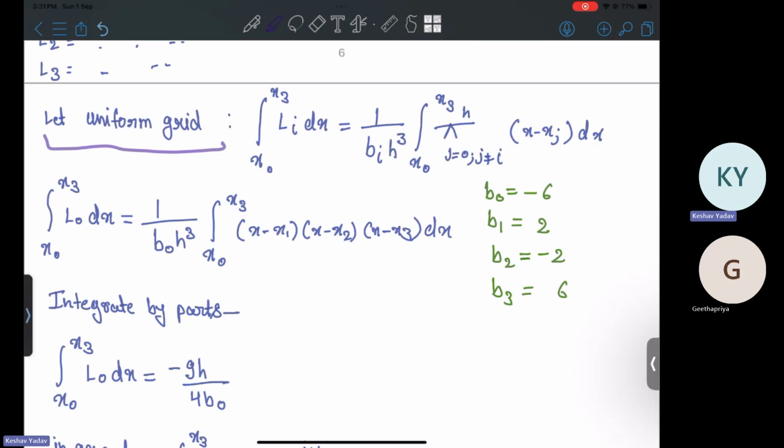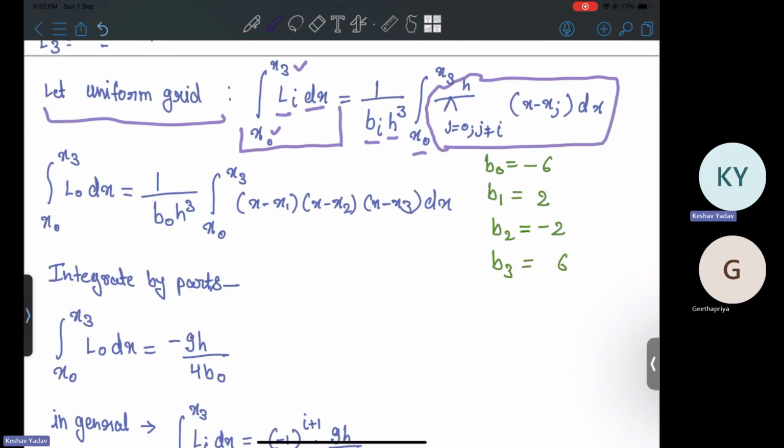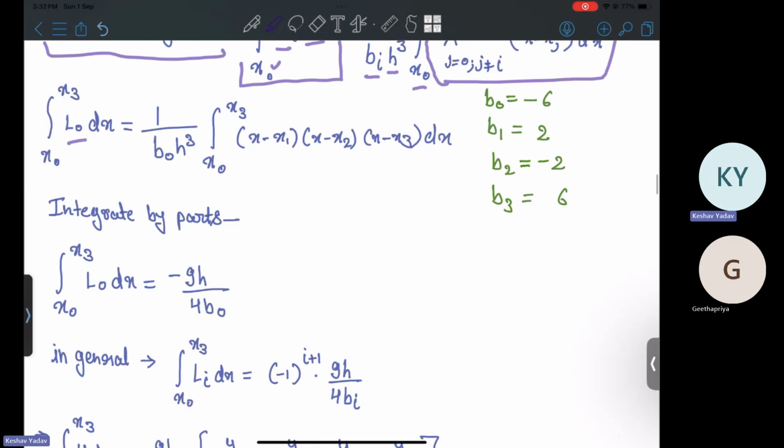So this integration of Li dx, limit goes from x0 to x3, we can write as 1/(bi h cube) times the integral from x0 to x3. This is the formula of the numerator of the Lagrange polynomial function. So if I write L0 dx, this will be b0 h cube.